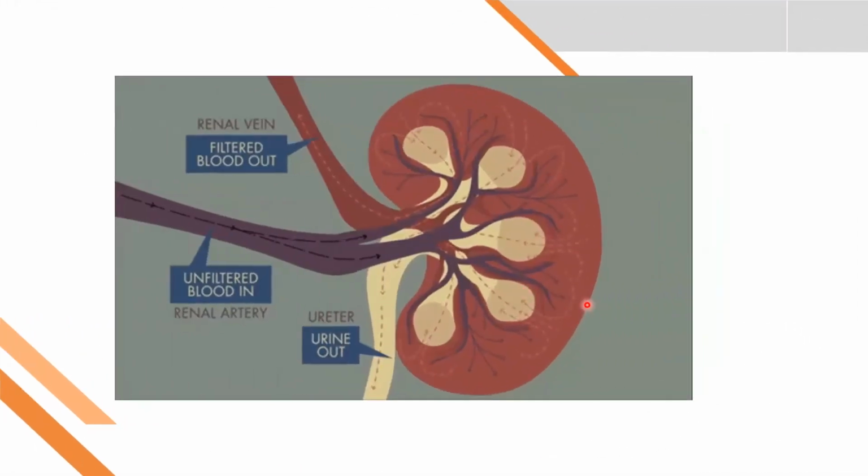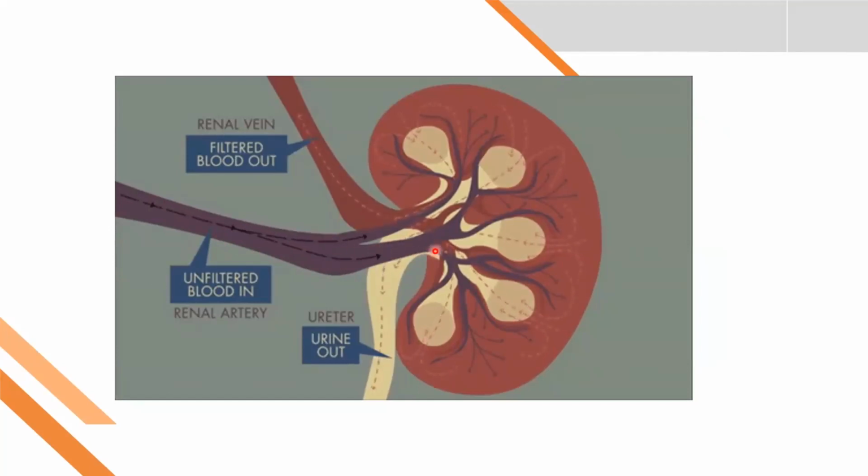Okay, this is how the renal blood flow looks like. Unfiltered blood in the renal artery, left or right, goes to the segmental artery. How many segments do we have? 5 segmental arteries, 4 anterior and 1 posterior.